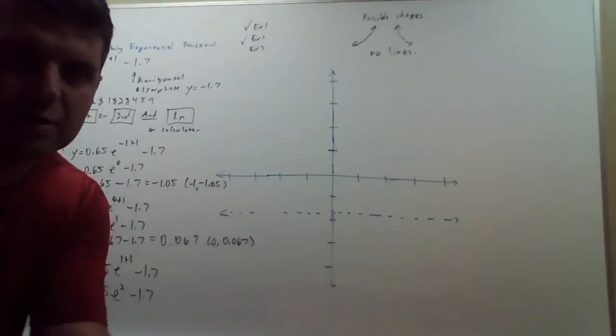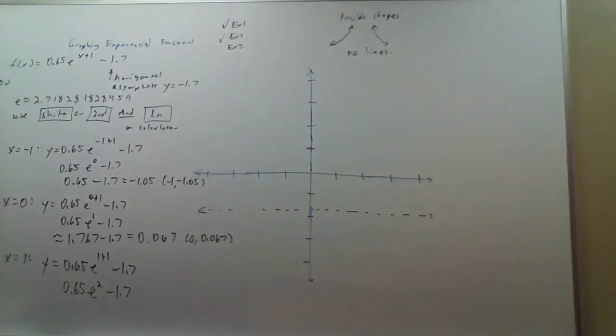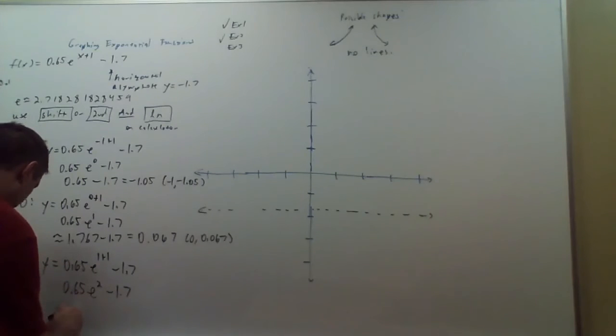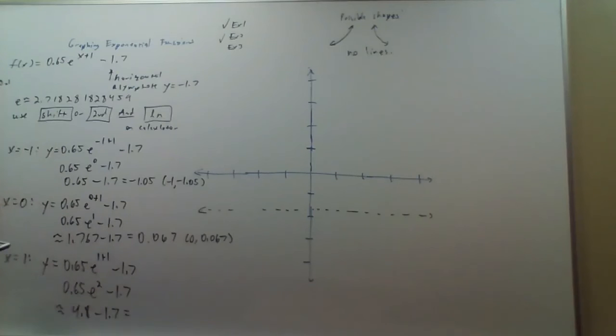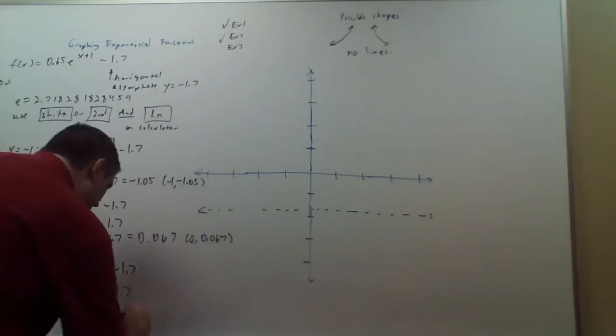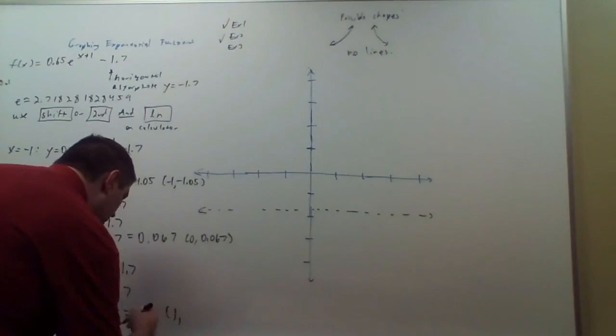Then we take e to the second, so shift ln, or second ln, and then square it, and take it times 0.65. I got approximately 4.8 minus 1.7, 3.1. So 1, 3.1.